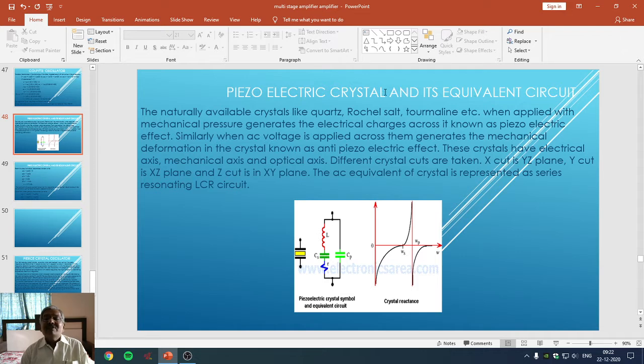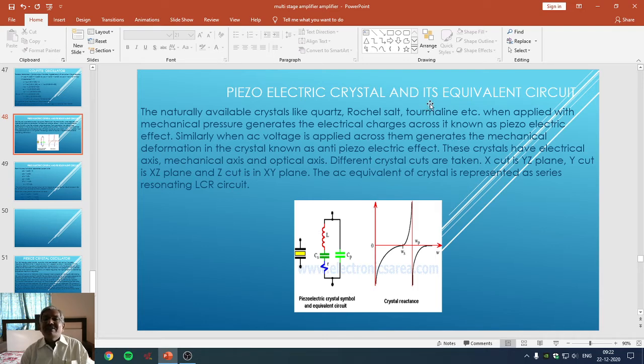How is the crystal capable of resonating at a particular frequency? If it is going to resonate at a particular frequency, it must possess some resonating components like inductance and capacitors, maybe connected in series or in parallel. Then and only then is resonance possible.